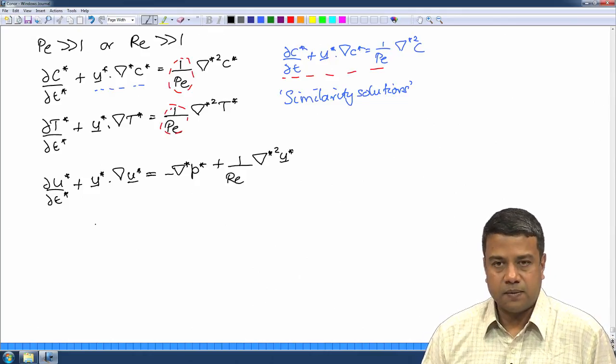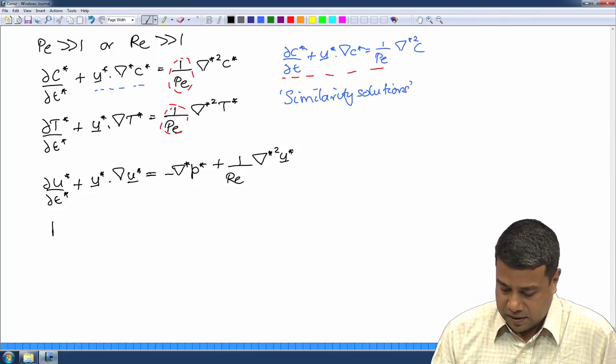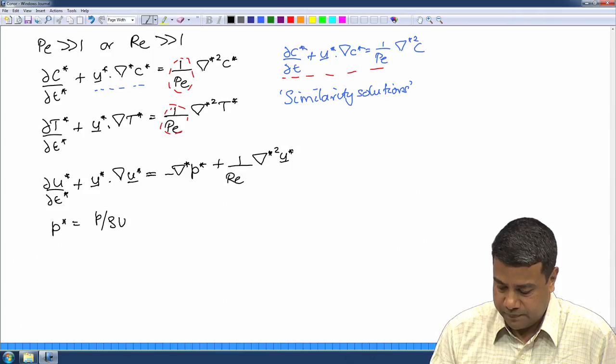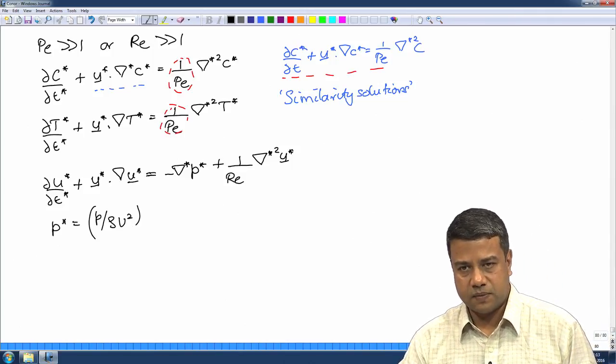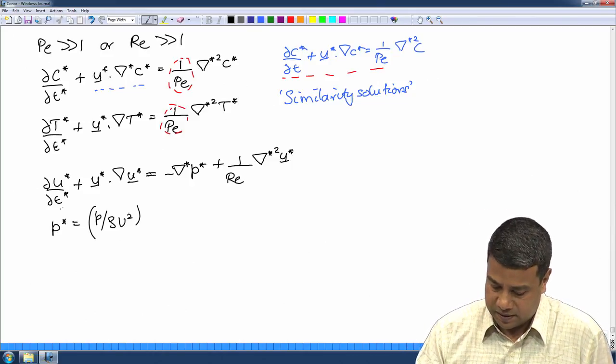In this case, if I take the limit of high Reynolds number, the pressure has to be scaled by the inertial scales. I will not go through the derivation. If you scale the pressure by the inertial scales and simplify the equation, you will get an equation of this kind.